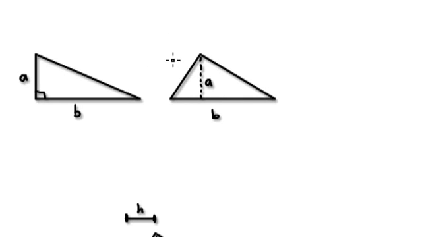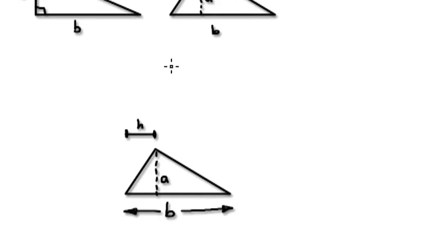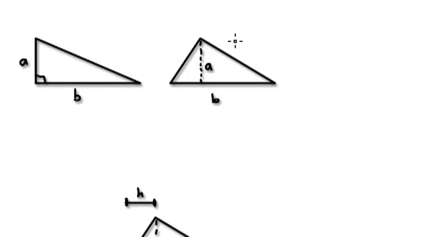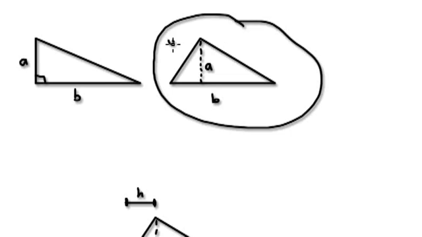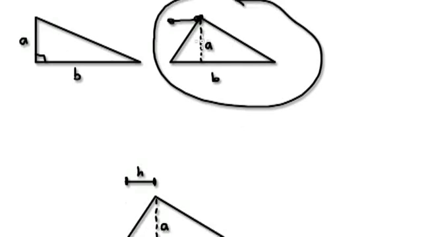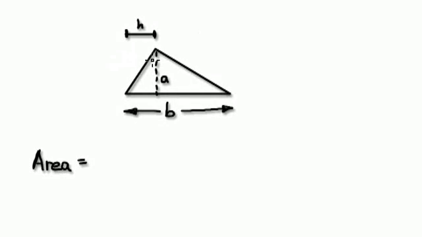The trick here is to give this distance a letter h, and then later on, for some reason, h will cancel itself out. So to find the area of this triangle here, let's call this distance h.